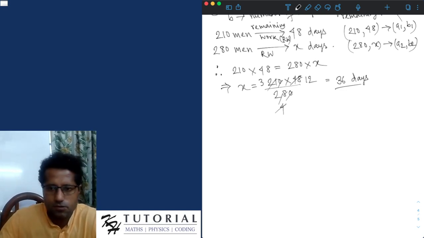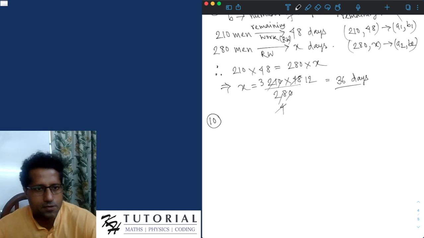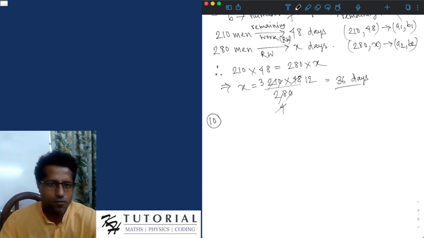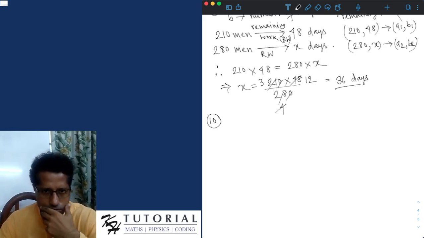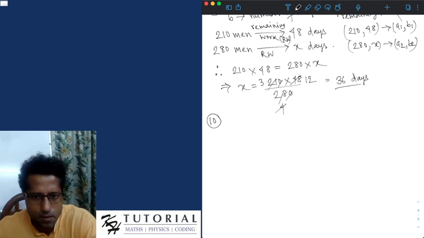Okay, let's do problem number 10. It says a military camp has provisions for 630 men to last for 25 days. I guess provisions means food. Now, how many men must be transferred to another camp so that the food lasts for 30 days?